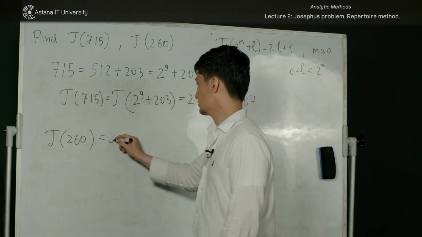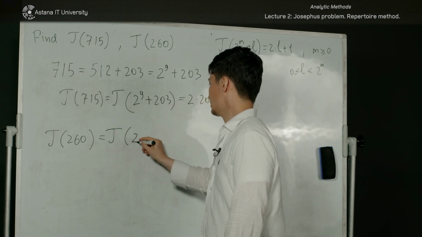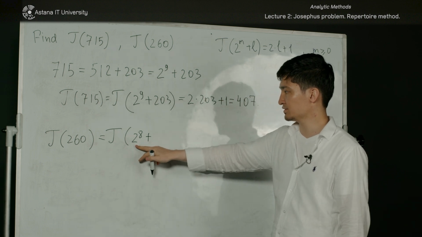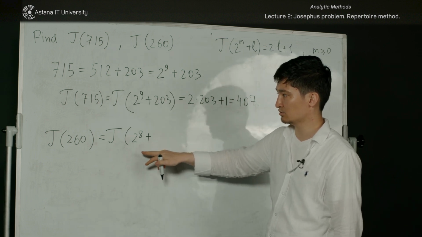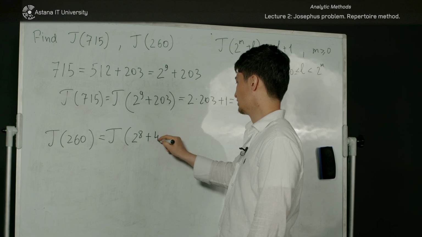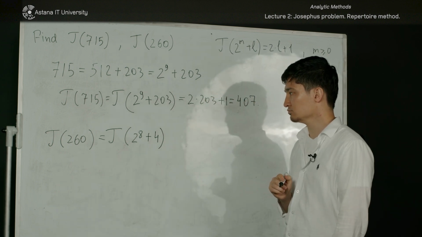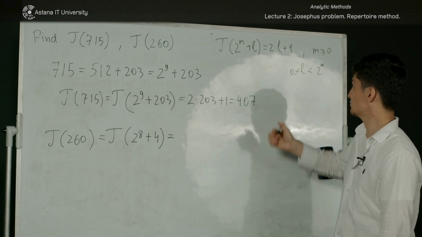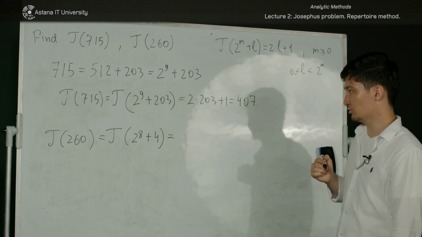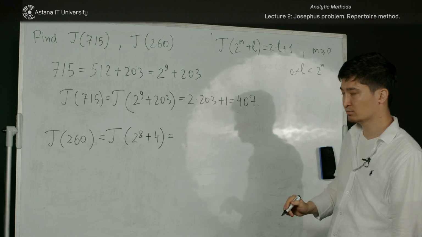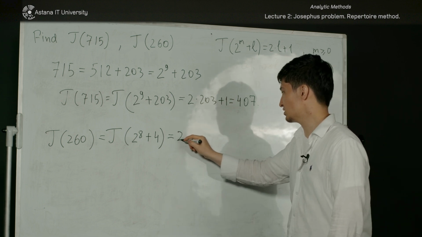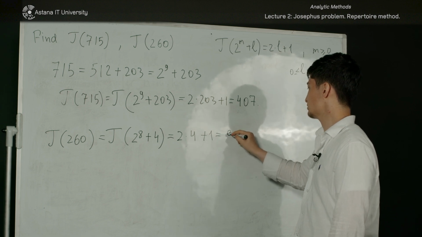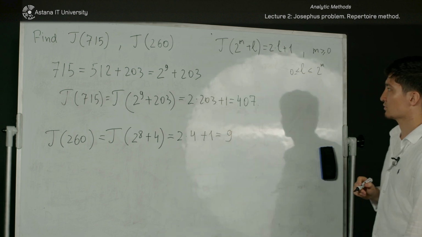So I'm going to write 2 to the power of 8 plus, to get 260, we need to add 4. Now, by Joseph's number's closed form, this is equal to 2 times 4 plus 1, which is equal to 9. And that's it.